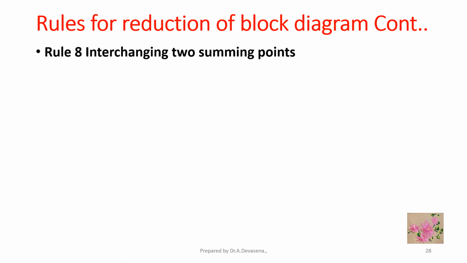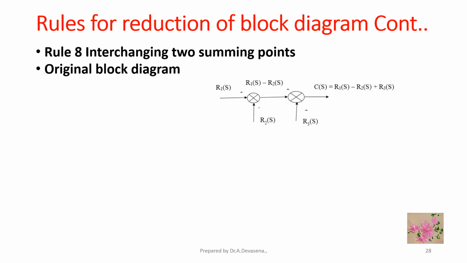Rule number 8. Interchanging two summing points. The original block diagram is shown below. Here we have a summing point 1 and a summing point 2. For summing point 1, the signals R1(s) and R2(s) are applied. That is applied to the next summing point. So for the next summing point, the inputs applied are (R1(s) minus R2(s)) plus R3(s).